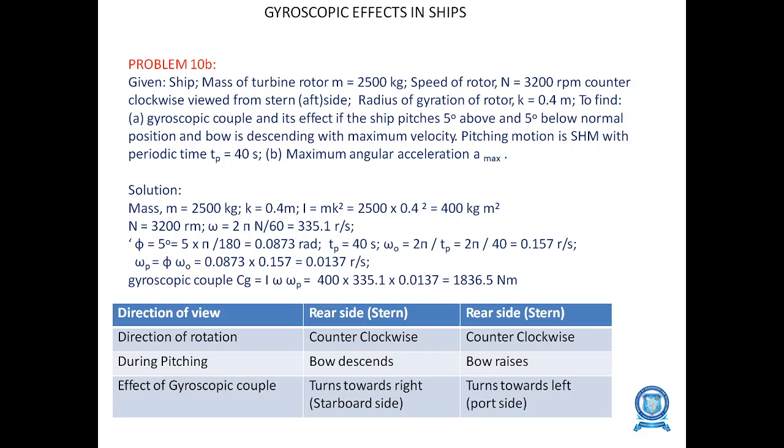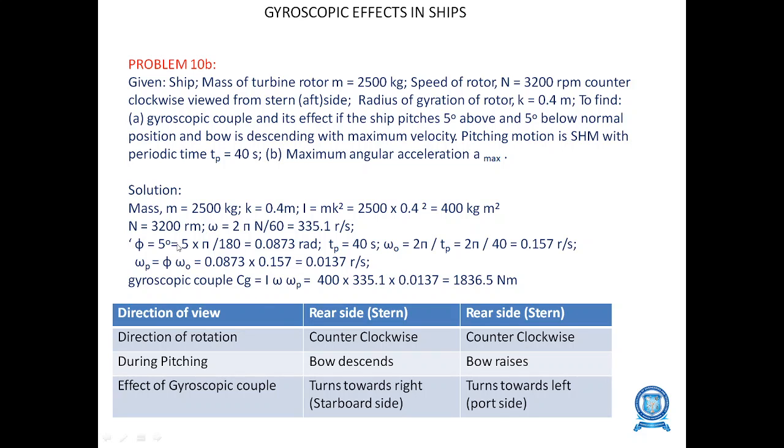A similar problem for the gyroscopic effect in a ship is given with different values. Here we are asked to find the gyroscopic couple and the effect if the ship pitches 5 degrees. Pitching is 5 degrees above and below, and the pitching motion is simple harmonic with a time period of 40 seconds, and the maximum angular acceleration, A max.